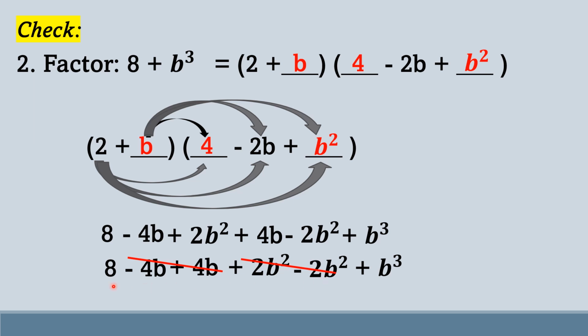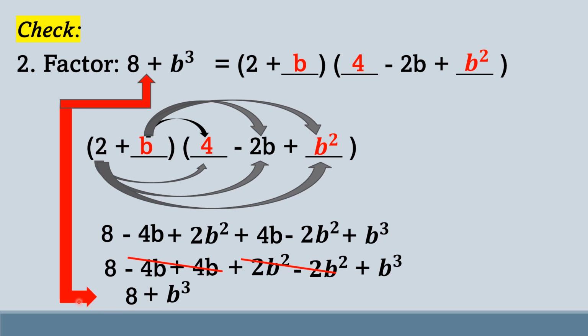So the remaining terms are 8 plus b cubed. So it shows that the remaining terms here are the same as the given polynomial. Therefore, our product or our factors here are correct.